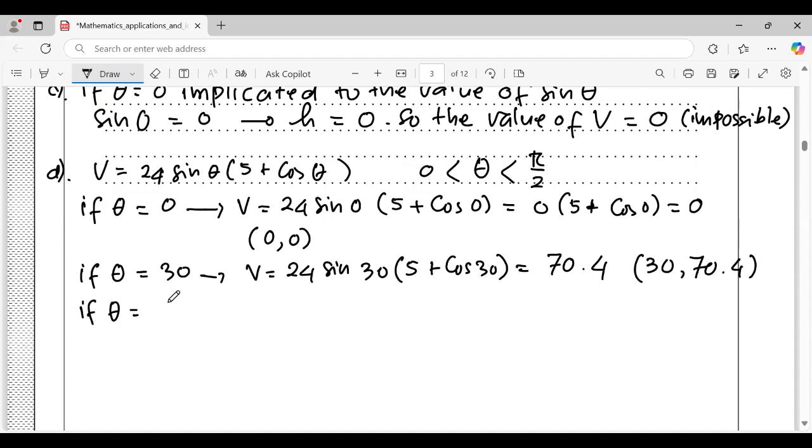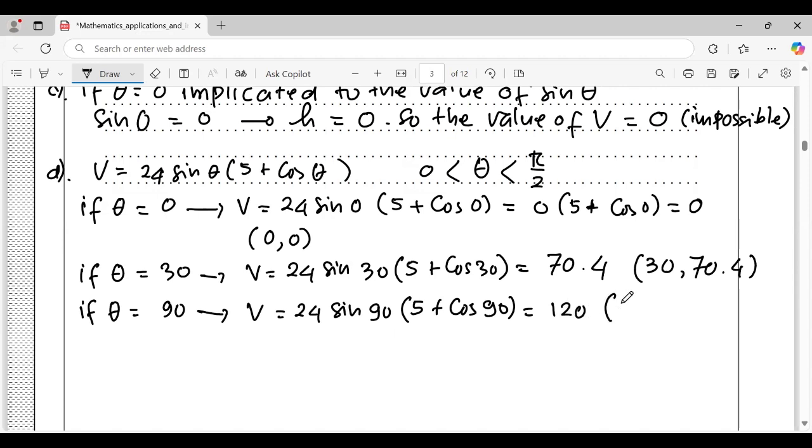If theta is 90, volume equals 24 sine 90 times 5 plus cosine 90, it equals 120. So the coordinate point is 90, 120.